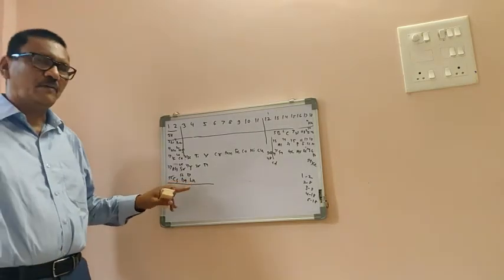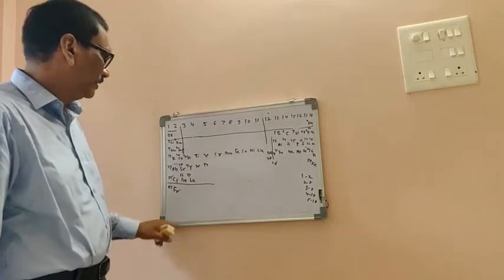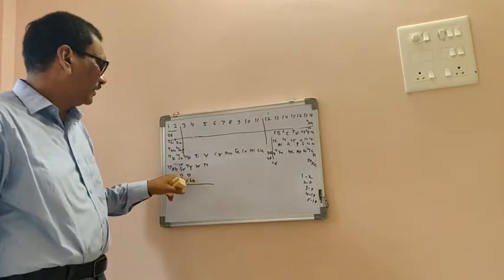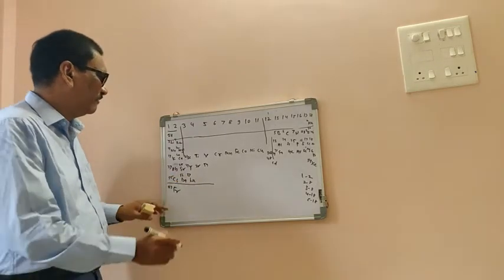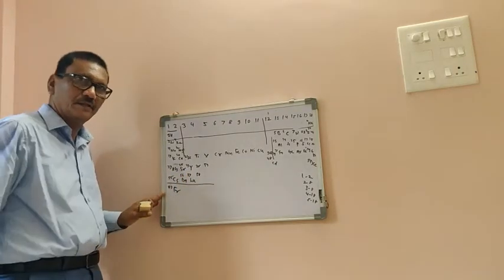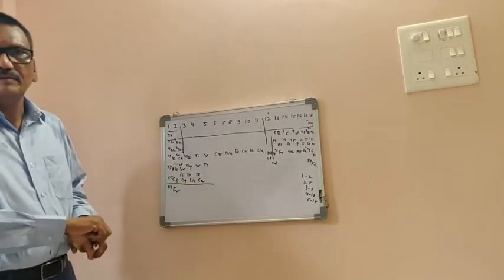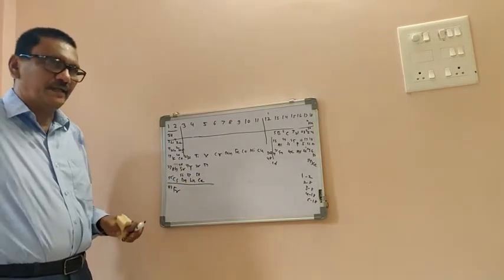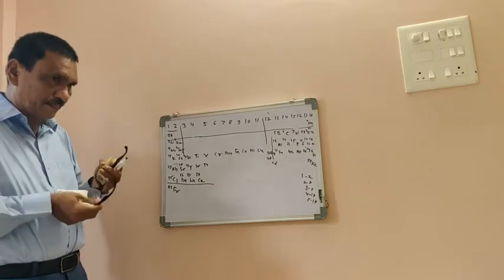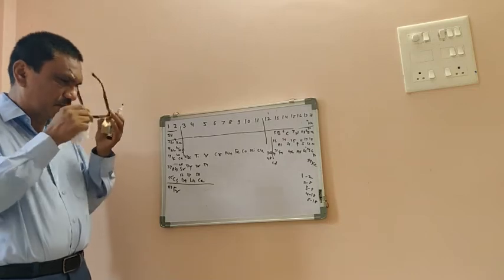If you observe the modern periodic table, here after lanthanum, the element must be in the sixth period, which is 58, that is cerium. But in the periodic table, cerium is not placed there.